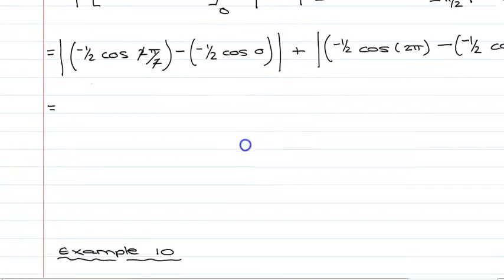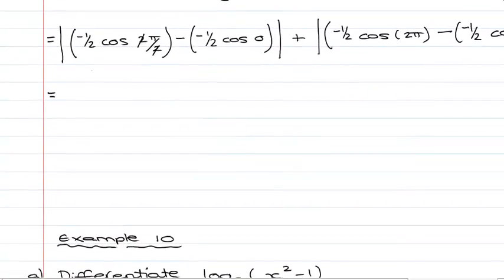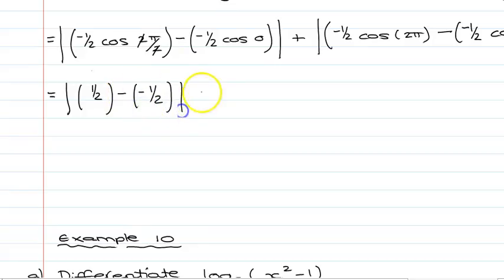So now scroll down, I can substitute in those values. Working these out, I've got minus a half. Remember, cos of pi is minus 1. So I've got minus 1 times minus a half, which is a half. Minus, so cos of 0 is 1. 1 times minus a half is minus a half. So minus a half. Plus, now I'm on to this one.